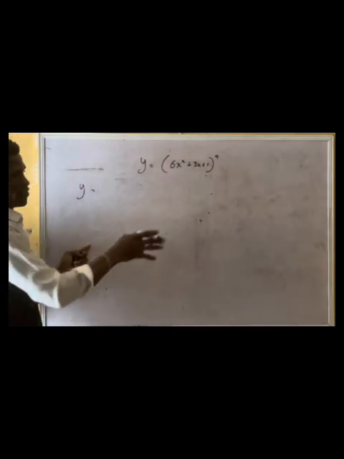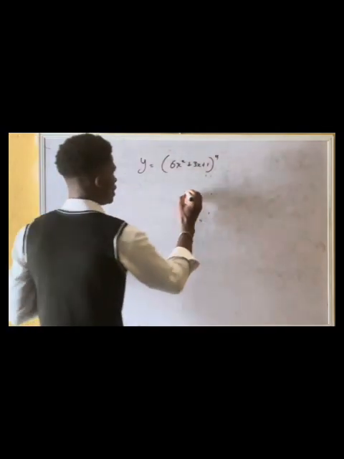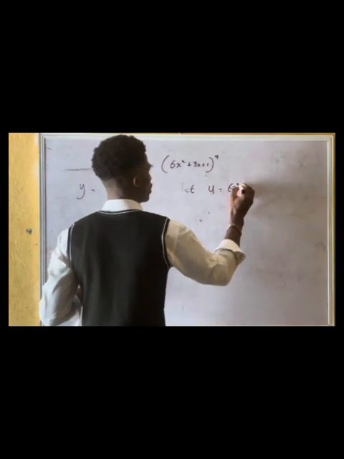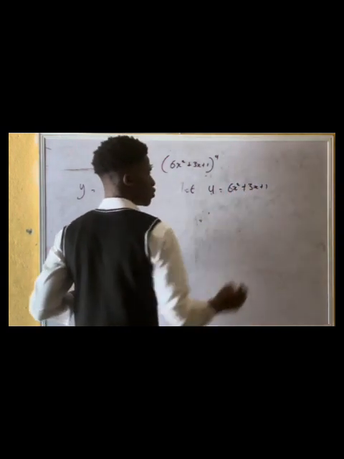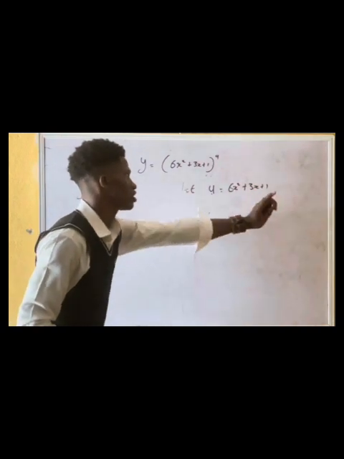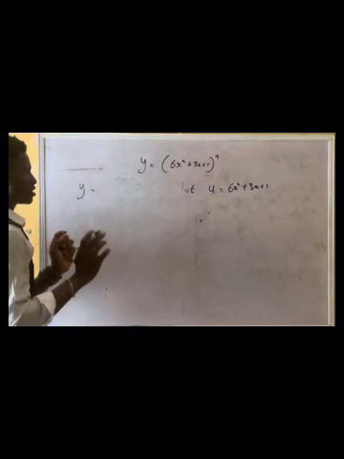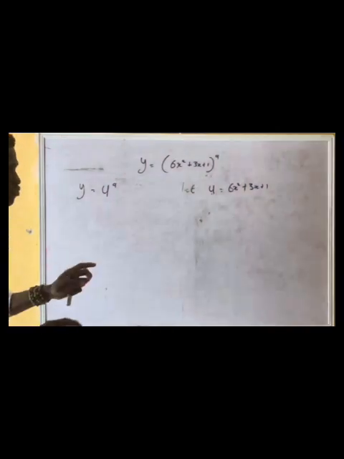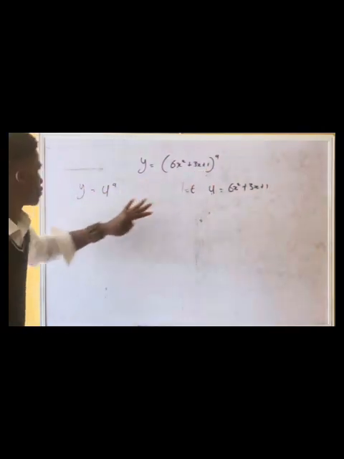We can say let u be equal to 6x squared plus 3x plus 1. So what are we saying? We are saying that y is equal to u raised to the power 9. Simple. So this expression is already written as this.